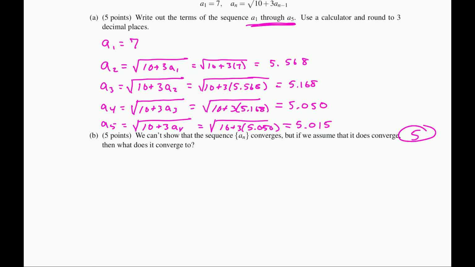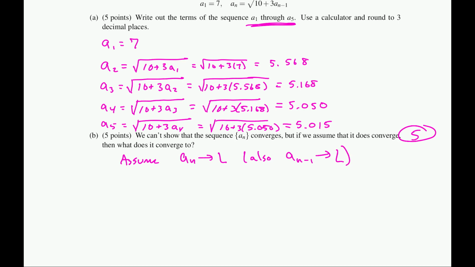But if you wanted to show that it goes to 5, we can do that. Because if you do this, you say, assume the limit of an is L. Well, if an goes to L, then also an minus 1 goes to L. Because if n is infinity, then it doesn't matter if you have an or an minus 1.